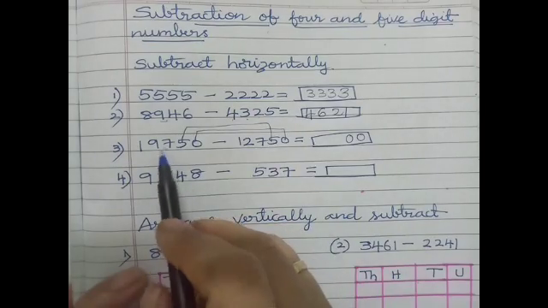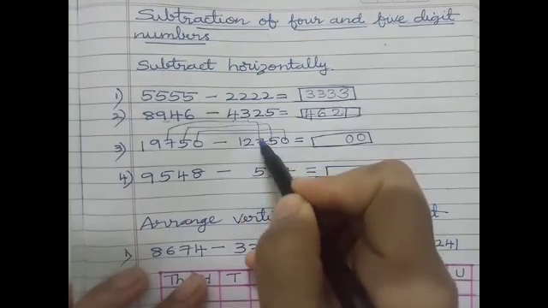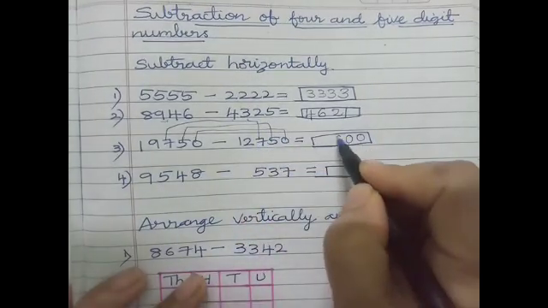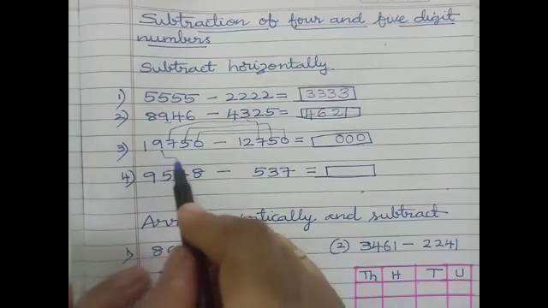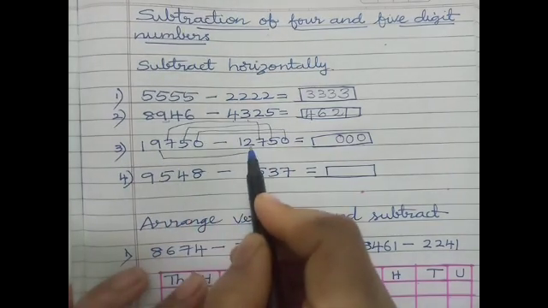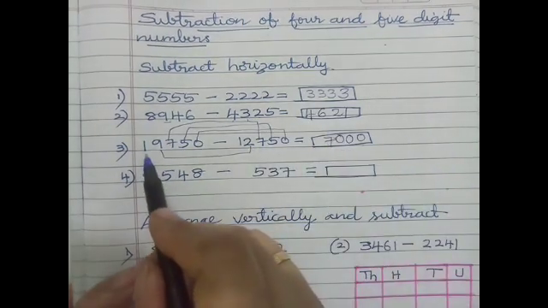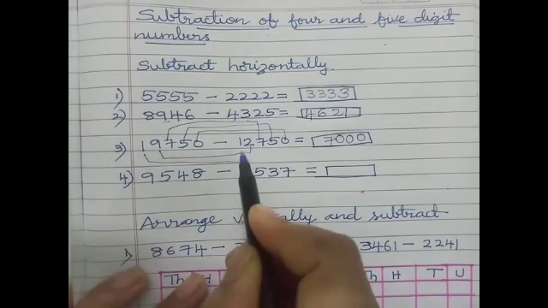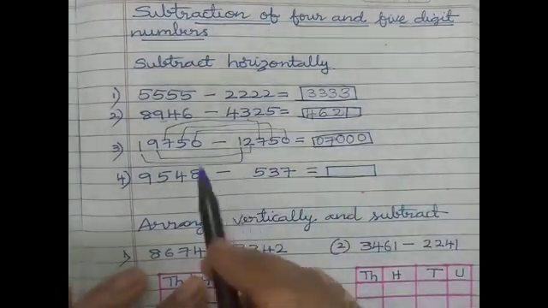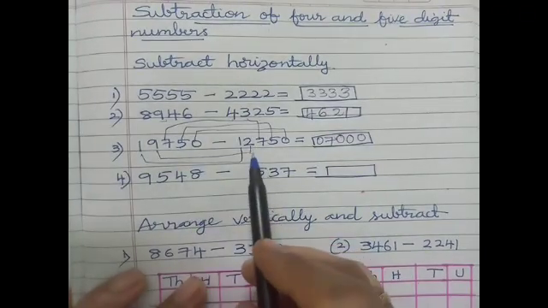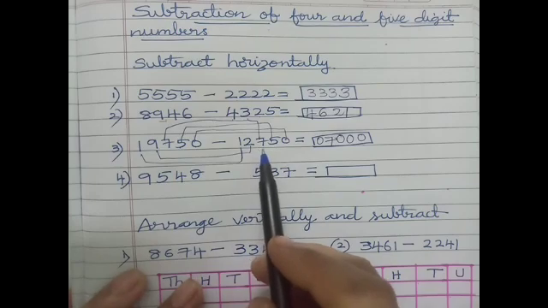Then in the hundreds place we have 7 minus 7, that is 0. Then in the thousands place 9 minus 2, the answer is 7. And in 10,000s place we have 1 minus 1, that is 0. So if you follow this method, you will not find it difficult while subtracting in the horizontal method.